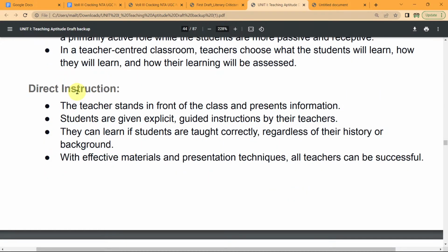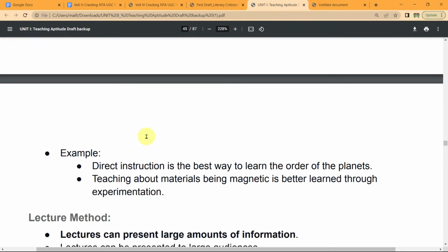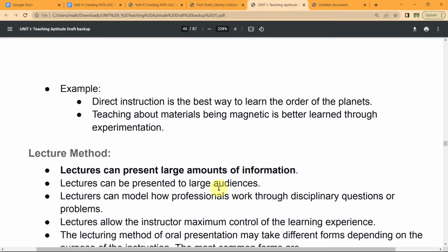We have already discussed direct teaching and indirect teaching, which is similar to that. For example, direct instruction is the best way to learn the order of the planets, where the teacher demonstrates the order. Teaching about materials being magnetic is better learned through experiments. Again, the lecture method has been asked about in NET also.